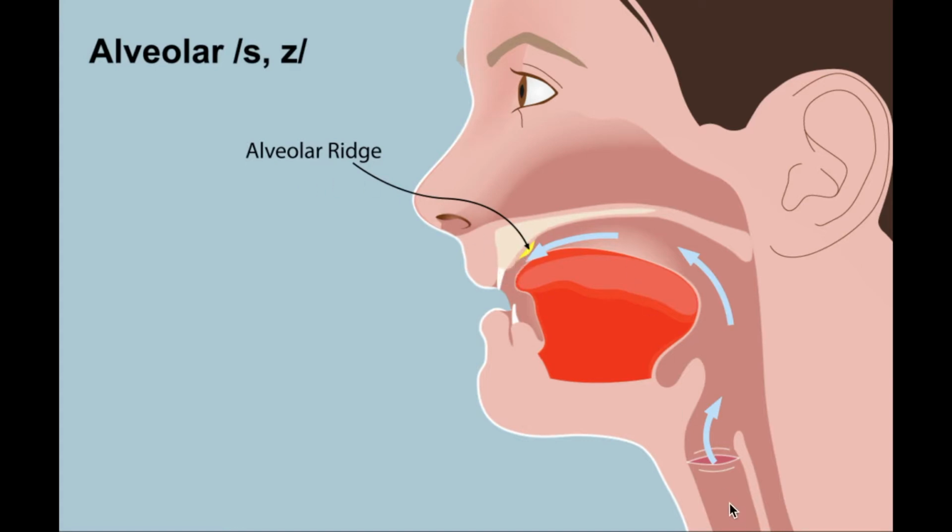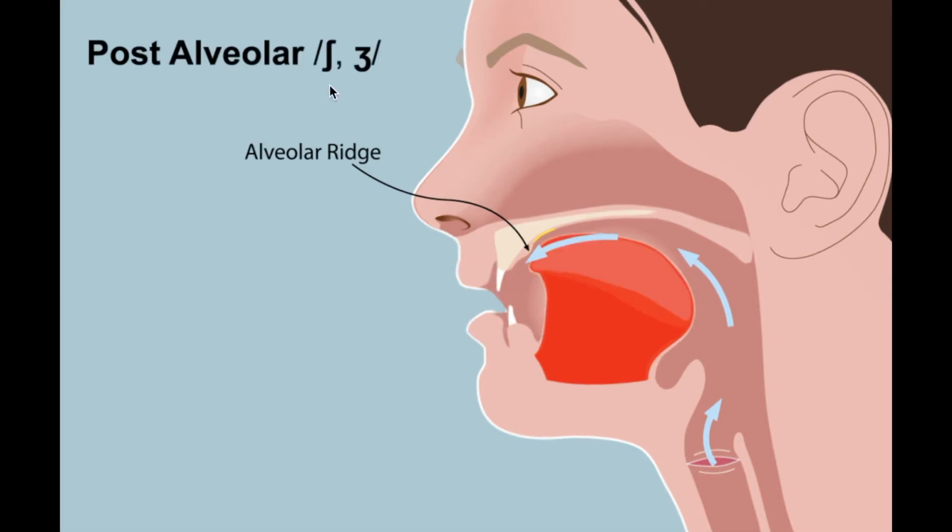So when air is squeezed from the lungs through this tight space, that's what creates the S sound, the alveolar S sound. You'll notice that there's also the Z symbol. Z is just a voiced version of S, but we'll do voiced consonants in another video.